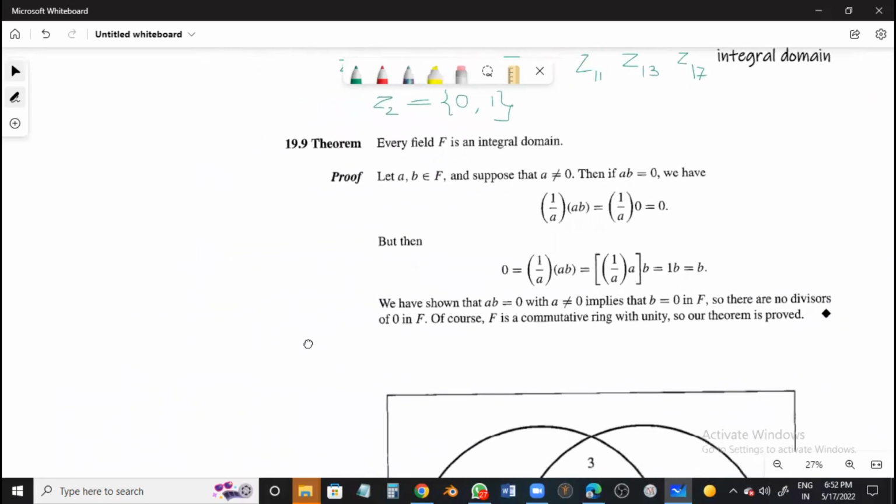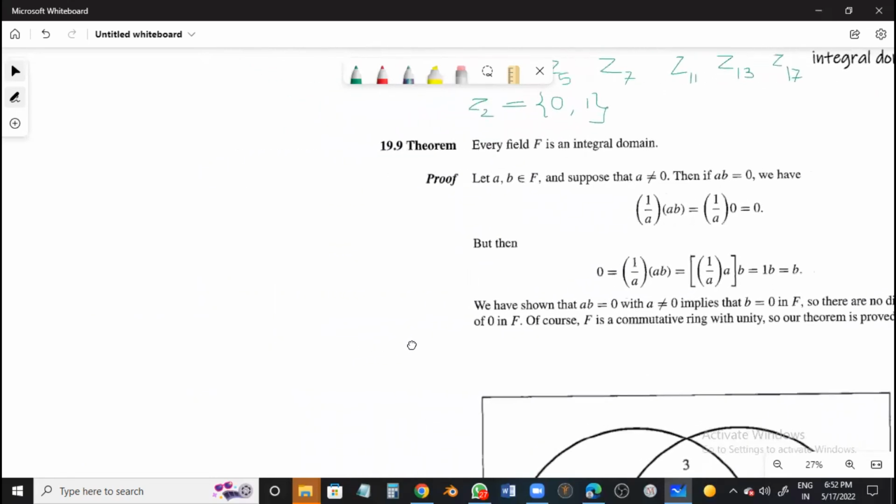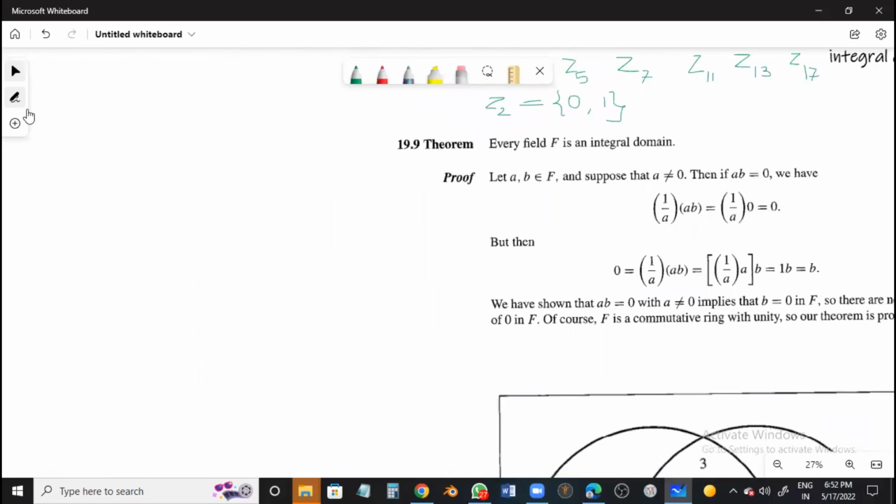So let us once again see how to prove it. You said F is a field. So what are the requirements of a field? Commutativity for multiplication is a must.